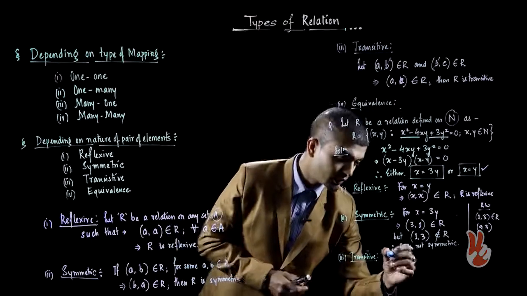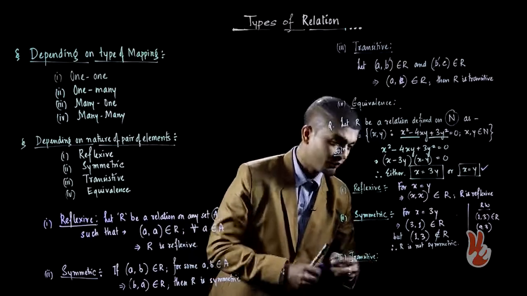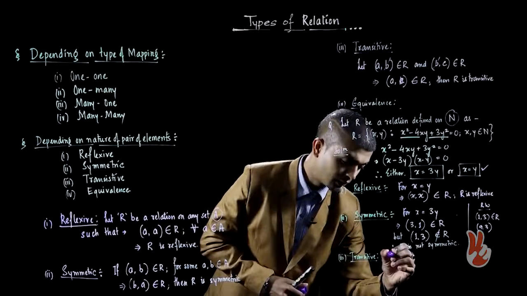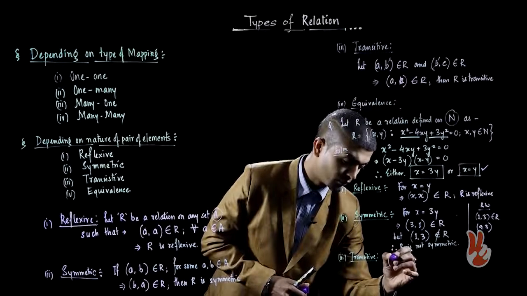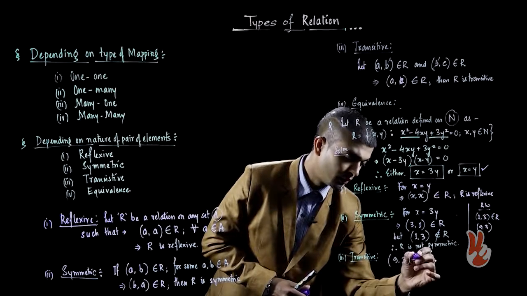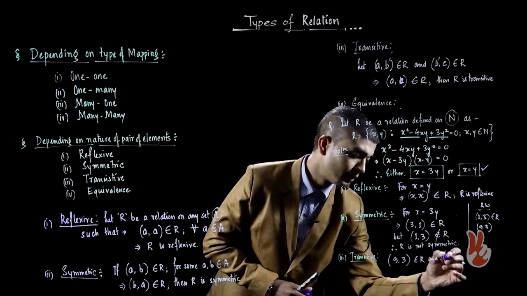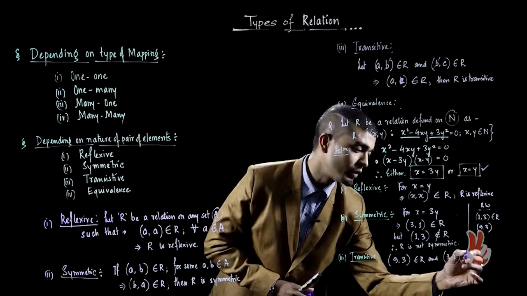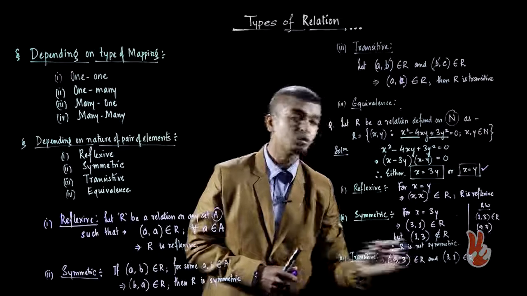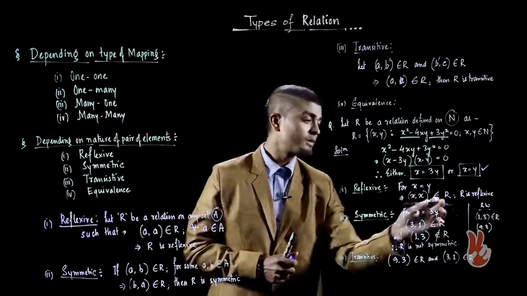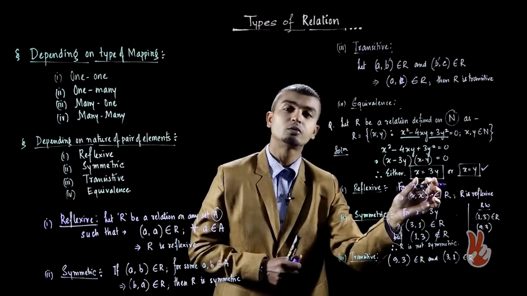You can yourself verify that (9, 3) belongs to R and (3, 1) also belongs to R, because these two pairs satisfy the equation x equal to 3y.